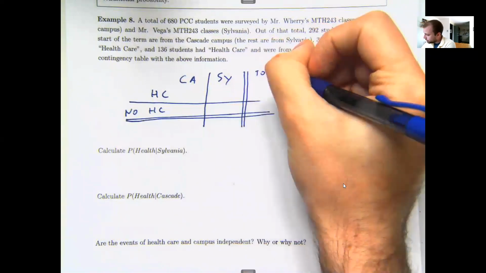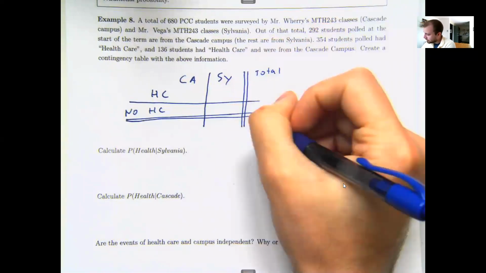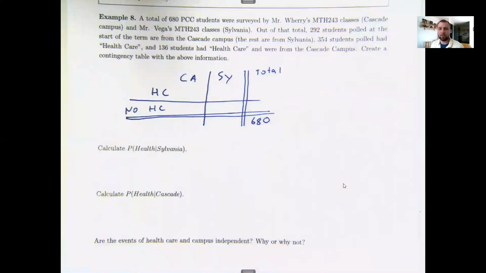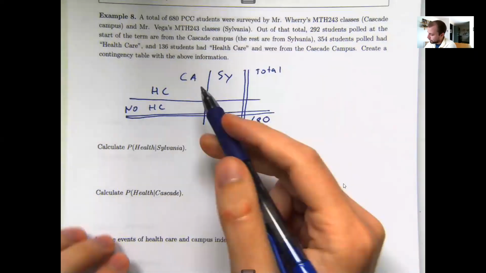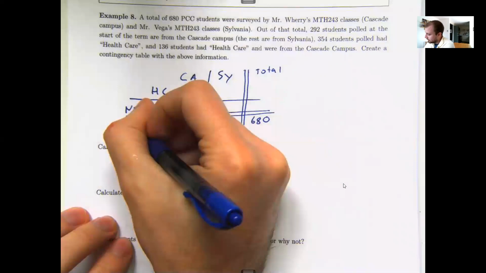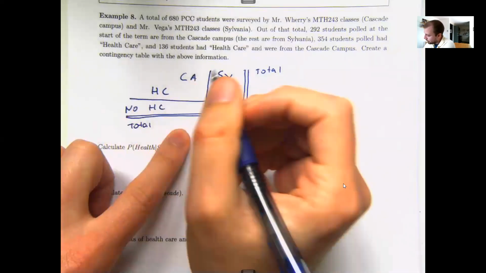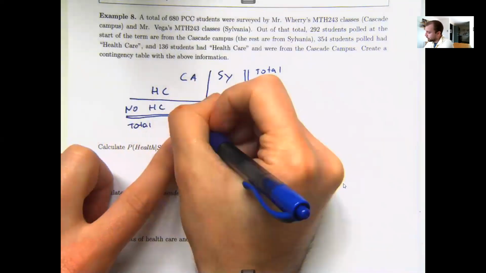In total, they sampled 680 students, so I'm going to put that in the lower right-hand corner. 292 were from Cascade, so for the total for Cascade, I'm going to put 292. The rest were from Sylvania.